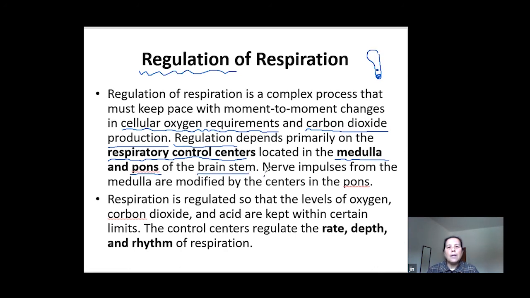The nervous system's control is by electrical nerve impulses. They come from the medulla, but are controlled by the upper part, the pons. So that kind of regulation is still a negative feedback system.